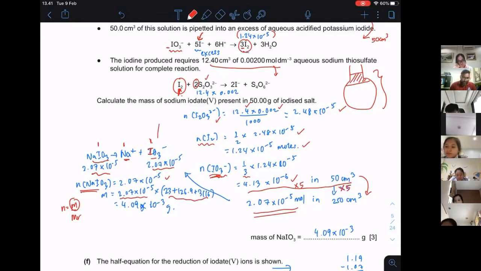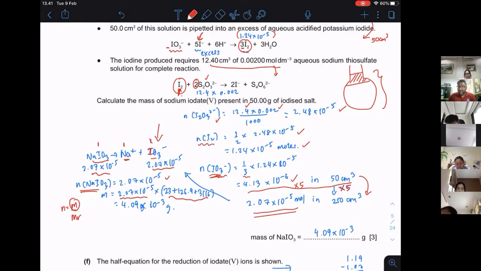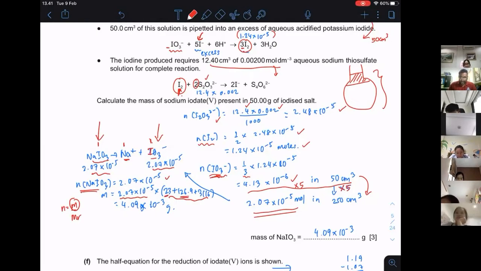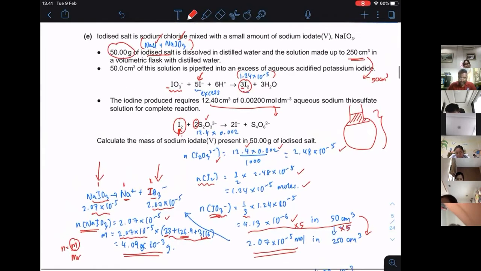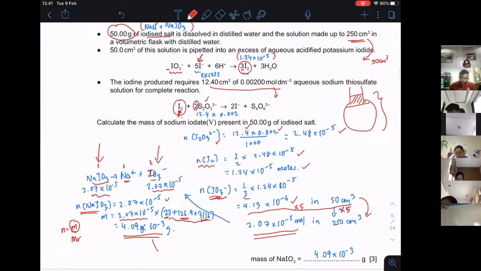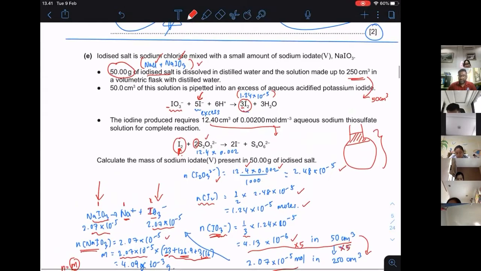It doesn't make sense to calculate the Mr of the ion, so you need to calculate it for NaIO3. Look at your periodic table, 23 and so on, and you will get this amount in grams. So out of 50 gram, you have a very small amount which belongs to NaIO3.